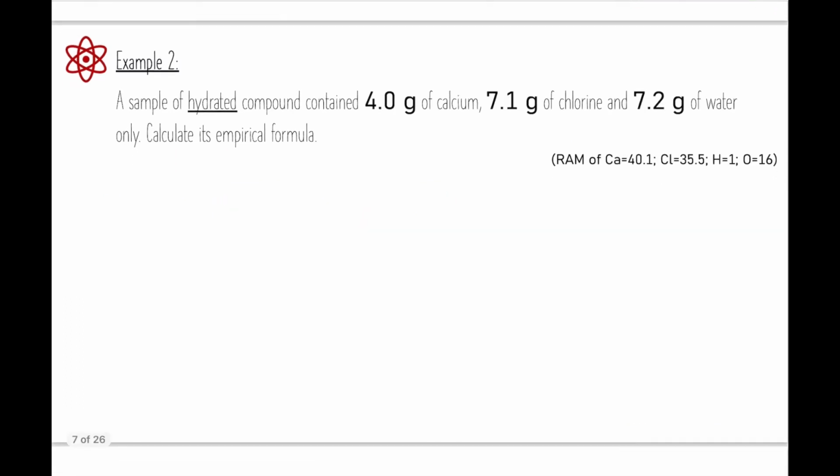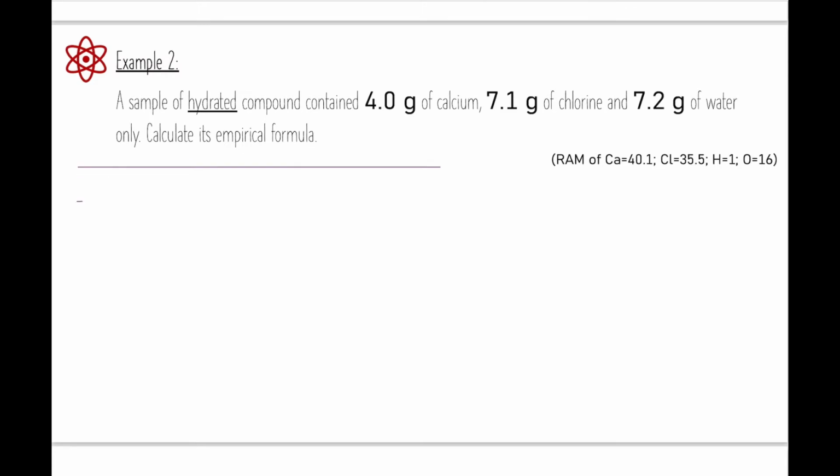Now let's move on to example number 2. A sample of hydrated compound contains 4 gram of calcium, 7.1 gram of chlorine and 7.2 gram of water, where hydrated means that the 7.2 gram of water will be calculated together.